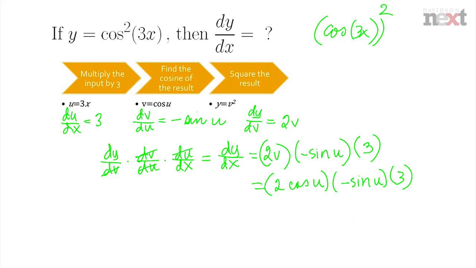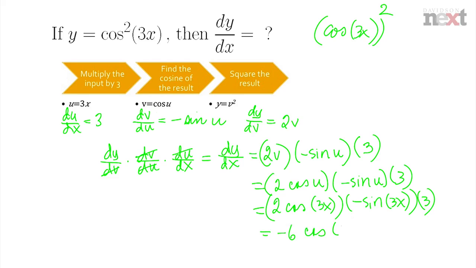And remember that u is equal to 3x. 2 cosine 3x times negative sine of 3x times 3. So we can write this as negative 6 cosine of 3x sine of 3x. And that's the derivative of our composition of three functions.